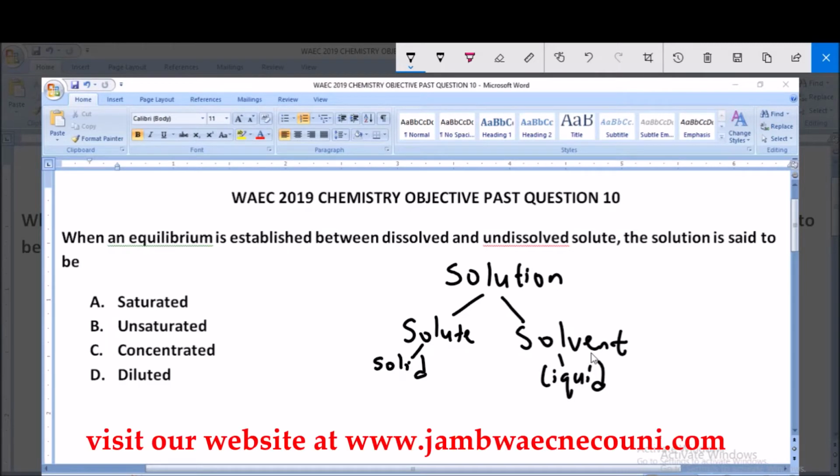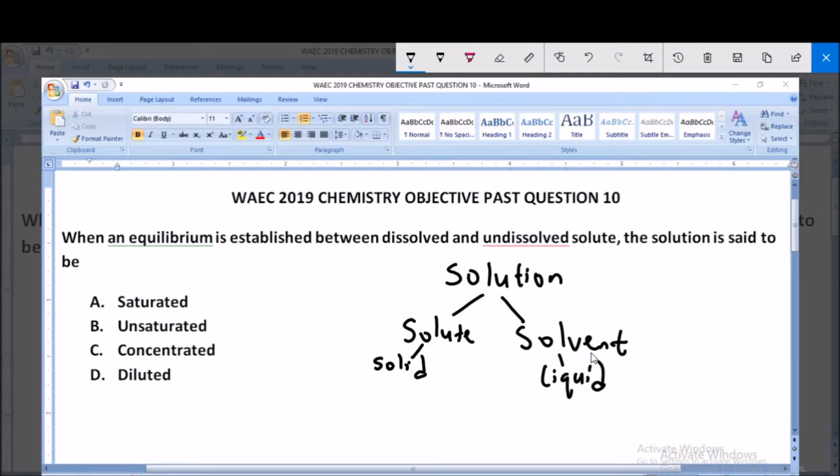So if you have a solution of salt and water, which is sodium chloride and water, the sodium chloride is the solute and the water is the solvent. So for a saturated solution, unsaturated solution, concentrated solution, and diluted solution, the definition of these terms each depends on the amount of solutes you have in the solvent.